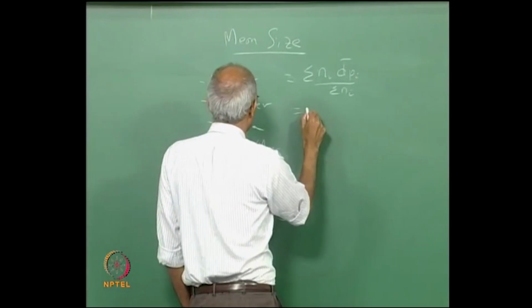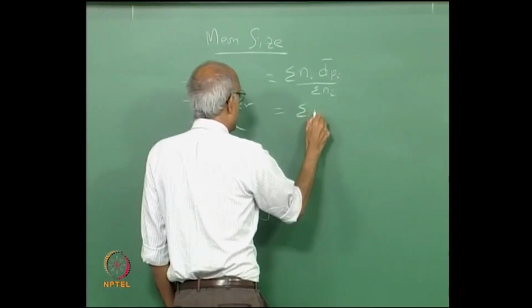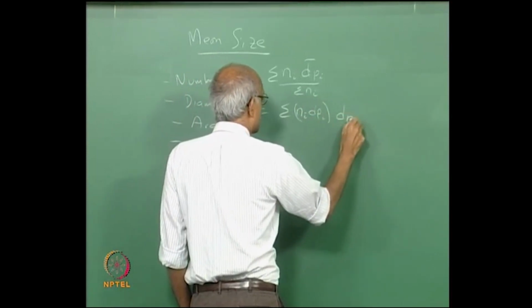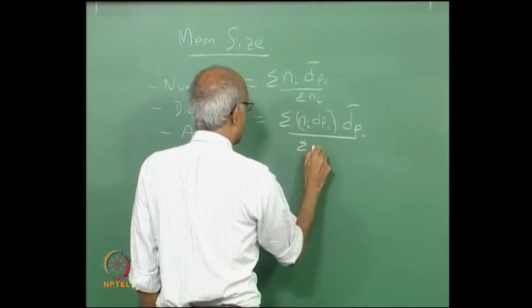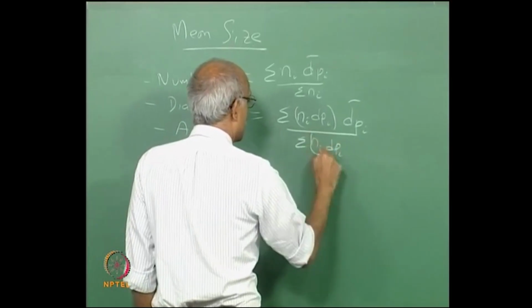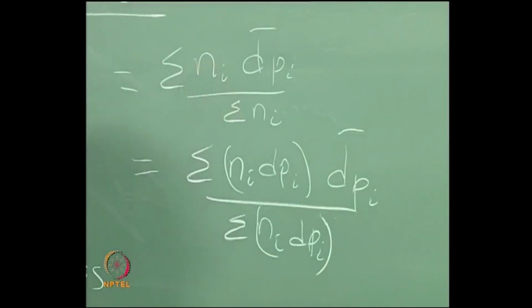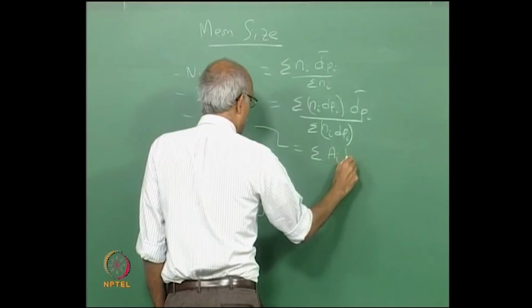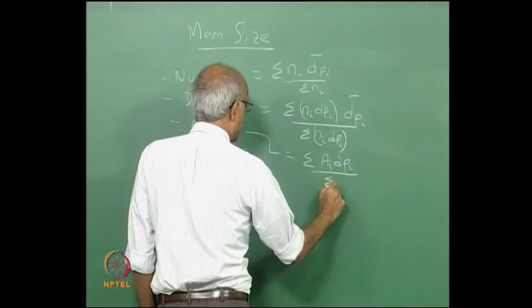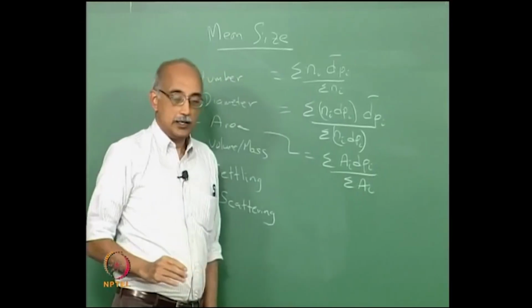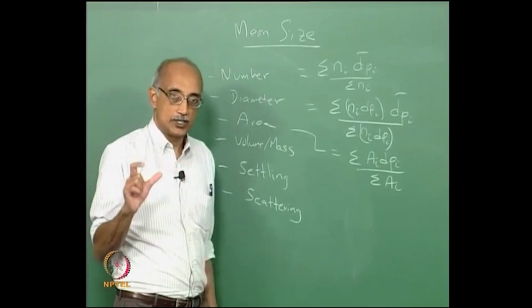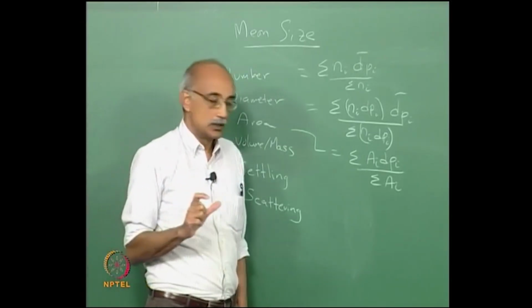A diameter mean size would be simply summation Ni dpi times dpi bar over summation Ni dpi. An area mean diameter, actually one way to look at this is that what you are really calculating is summation ai dpi over summation ai. This is the definition of an area mean diameter.